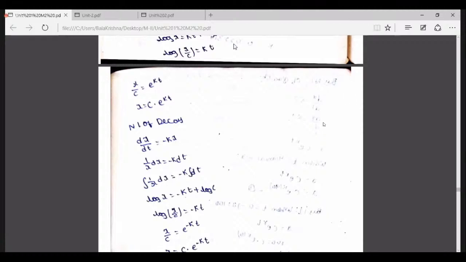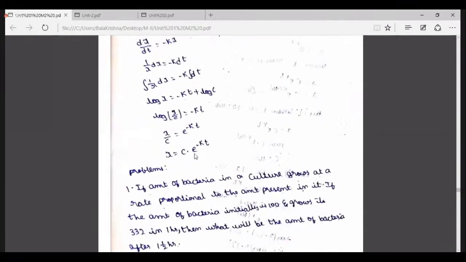So if as time increases, the amount of the substance decreases, then you should go for decay, considering minus k. If as time increases, amount is increasing, you should go for growth problem, that is plus k. So both the equations are the same with a small difference. Here it is x is equal to c into e power plus kt. So here you will be having x is equal to c into e power minus kt. Okay, clear?